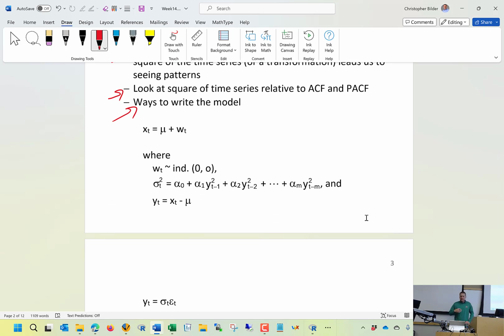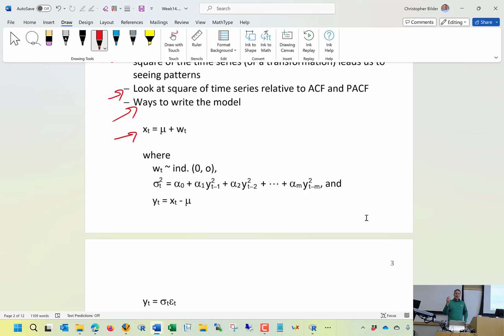And so, in order to write out one of these ARCH models, there are two main ways that you'll see people write them out. The first way is something like this. And there are extensions to these kinds of models I'm introducing here that you'll learn about in the next set of notes.